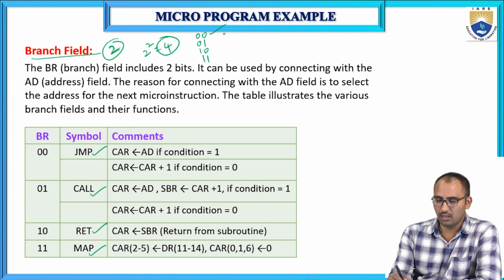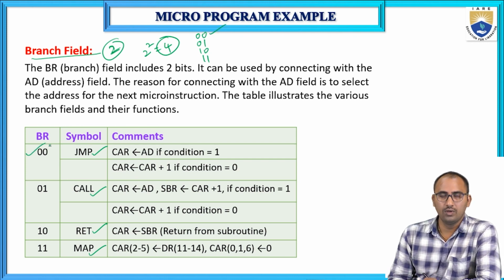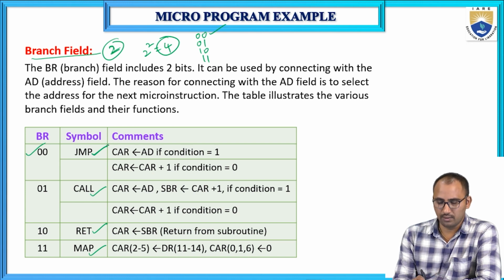The first case is 00. When both branch field bits are zeros, it represents jump. If the condition is equal to 1, the address will be loaded into the control address register.